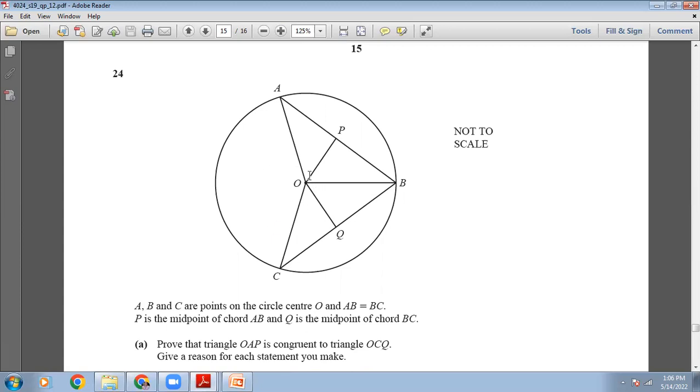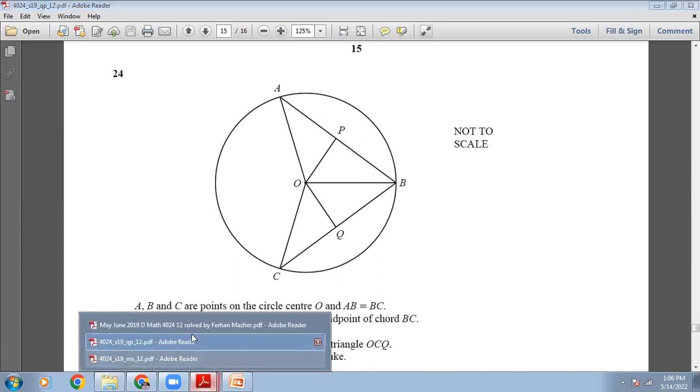So I can find this whole angle. Once I know this angle, I can find the other, because this is an isosceles triangle. This is a radius, this is also a radius.